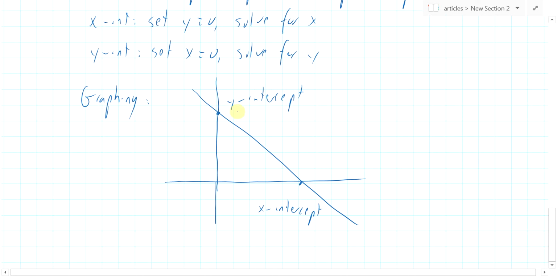And the slope is rise over run, change in y, how far up and down you're going, right, this part, over change in x.